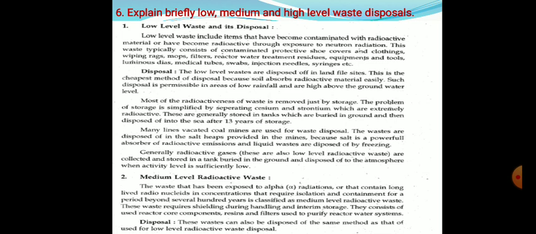The problem of storage is simplified by separating cesium and strontium, which are extremely radioactive. These are generally stored in tanks which are buried in ground and then disposed of into the sea after 13 years of storage. Many a time vacated coal mines are used for waste disposal.